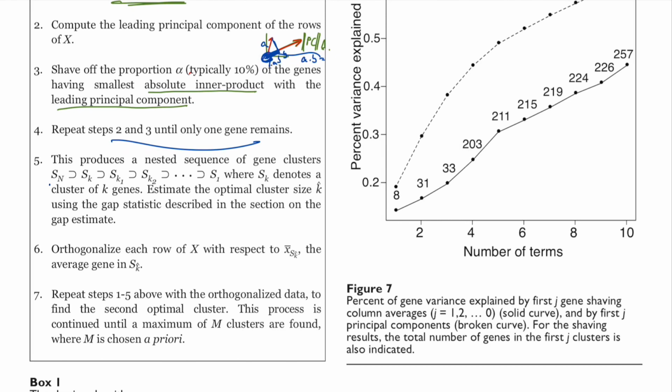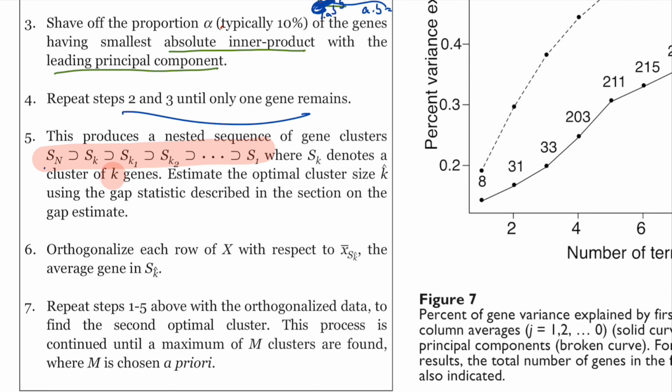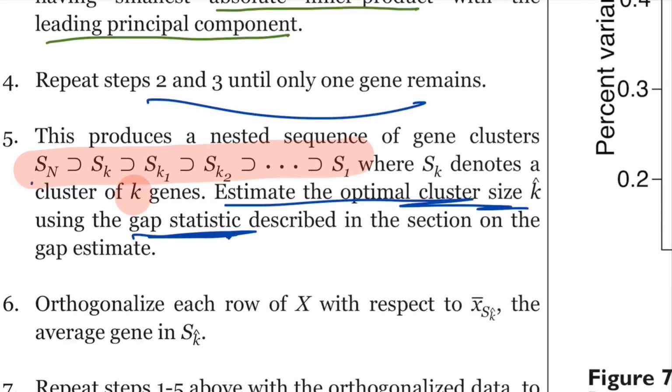And at the end, we are going to have a sequence of clusters, each cluster of size k. Now, you need to estimate the optimal cluster size using a gap statistic. After this procedure, you want to pick one of these clusters of genes and say that, hey, all those genes are highly correlated.